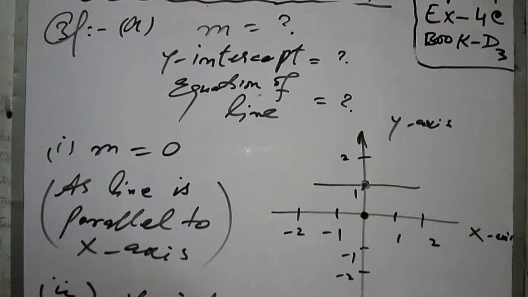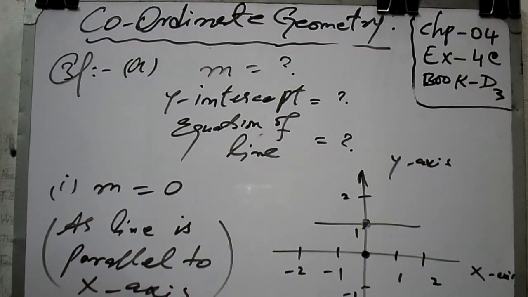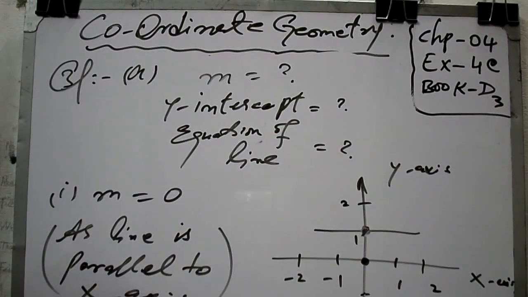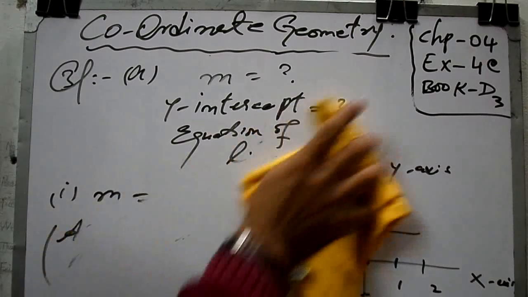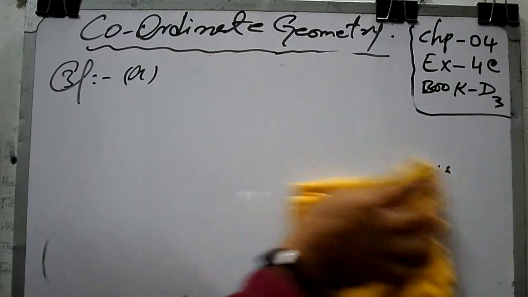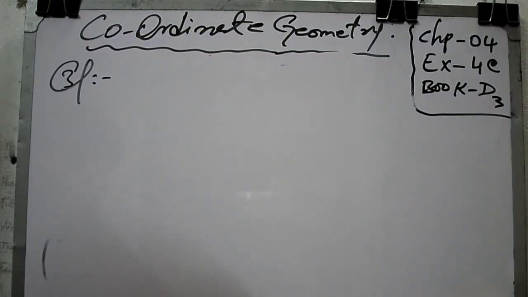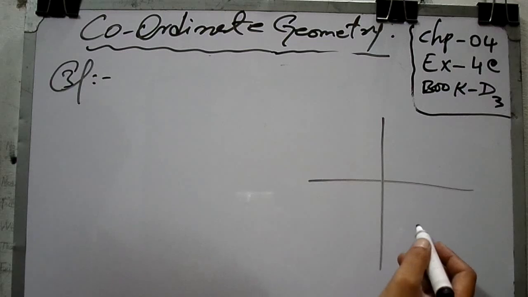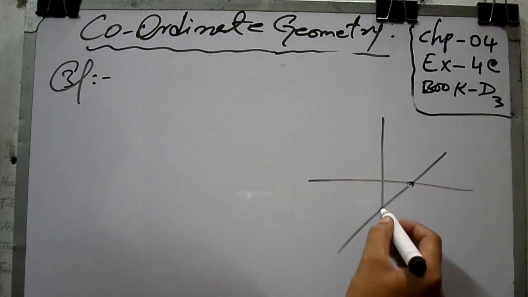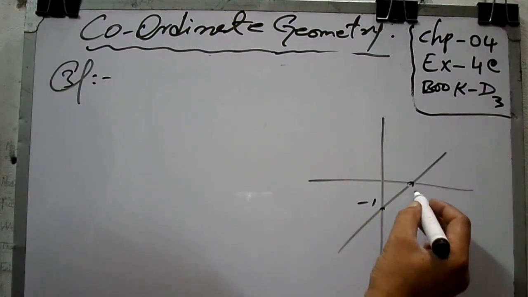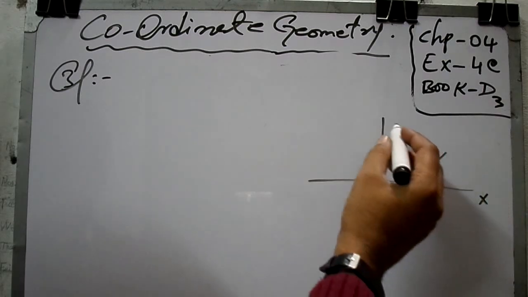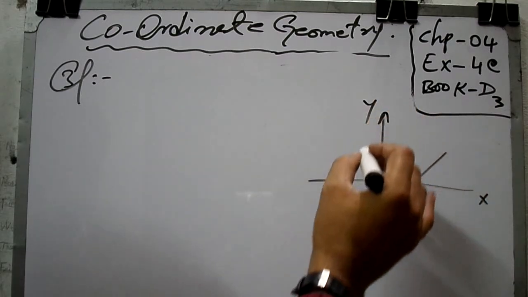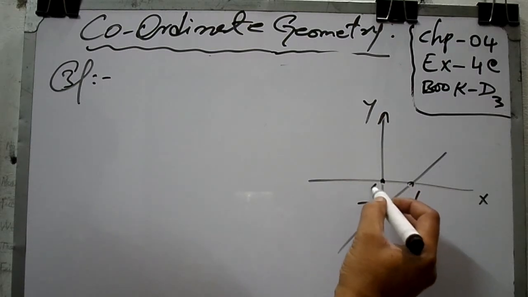Similarly, coming to the next part of the question, the B part, you can see the diagram. The line cuts the axes at the points -1 and 1. Here is the x-axis, here is your y-axis, here is 0.